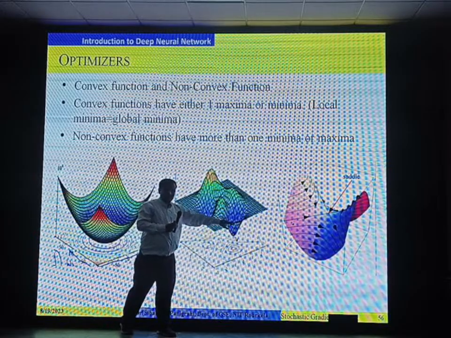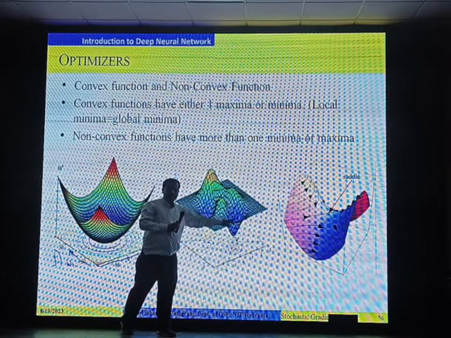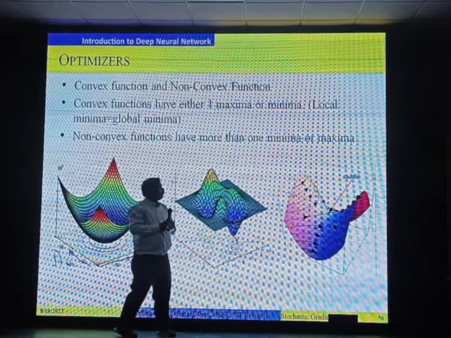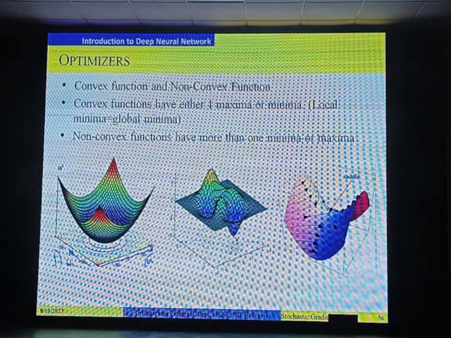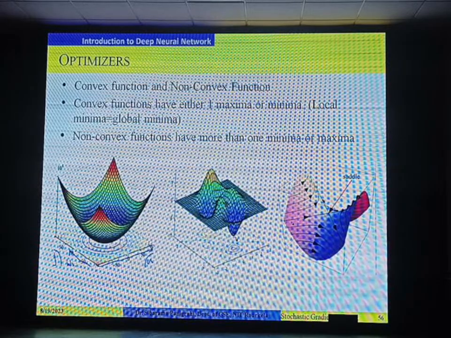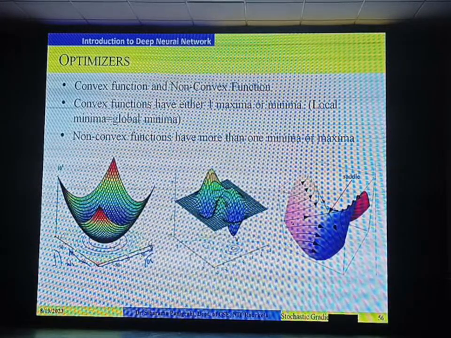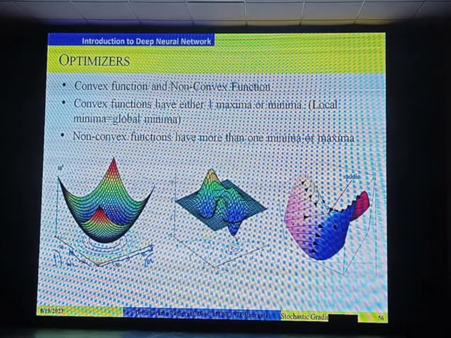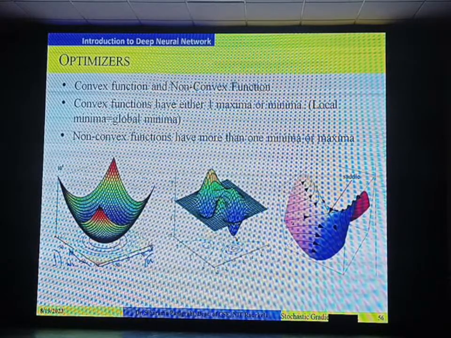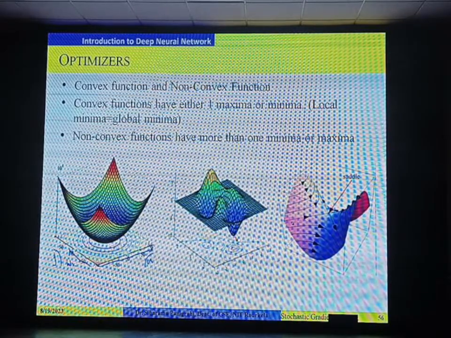I have to use a chord. Such error functions are called non-convex. In a neural network or deep neural network, the error function is non-convex, whereas in a support vector machine, the error function is convex, and you will always get the same result even if you run the algorithm 100 times.